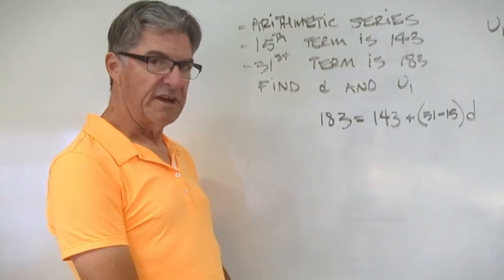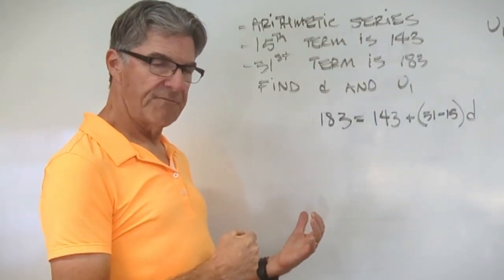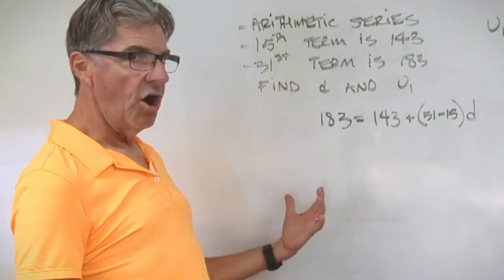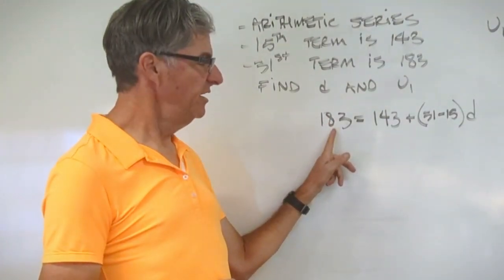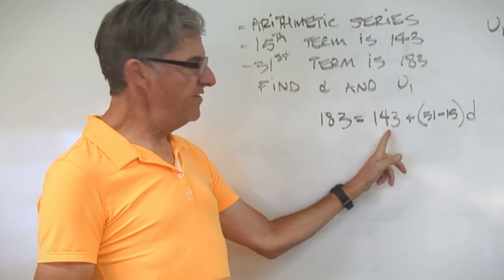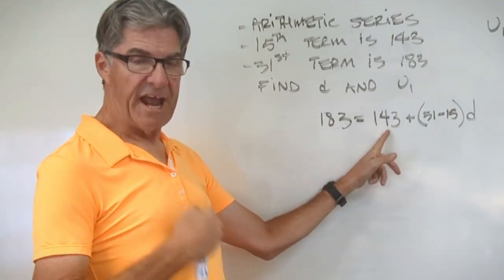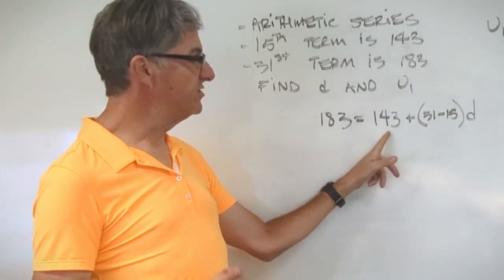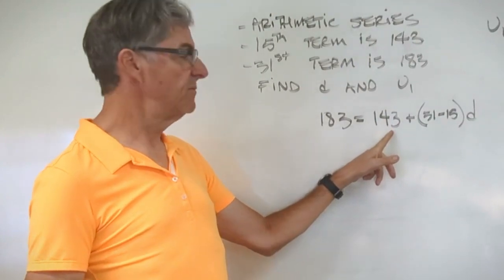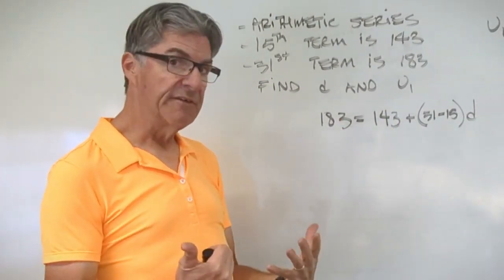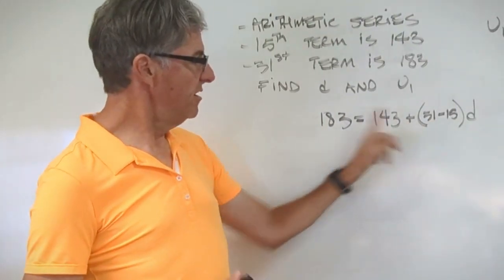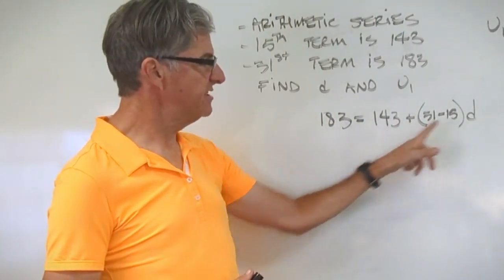All right, so I did a first step for you here. We know that the 31st term, which is 183, we're going to take the 15th term and we're going to add some common differences to this term to get to that one, okay? So how many common differences are we going to add? Well, this is the 31st term and that's the 15th.